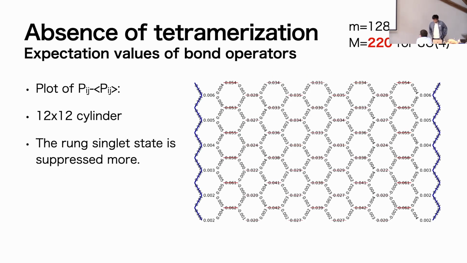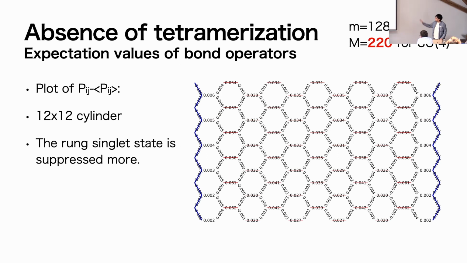And also, we check the absence of tetramerization, or absence of translation symmetry breaking, which means the absence of the previous order. For that, we check the expectation values of the bond operators calculated by finite DMRG. This plots the deviation of the expectation value of Pij, the Hamiltonian bond operator, from the average. It's a bit difficult to see, but the value is just, for example, 0.03 or something like that.